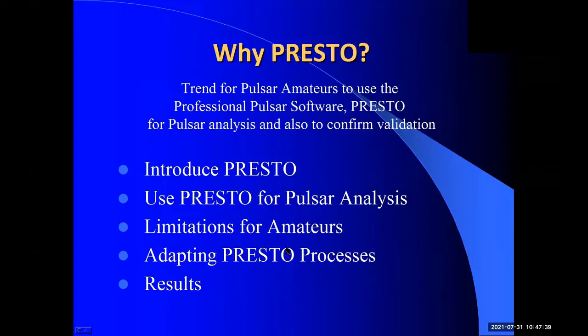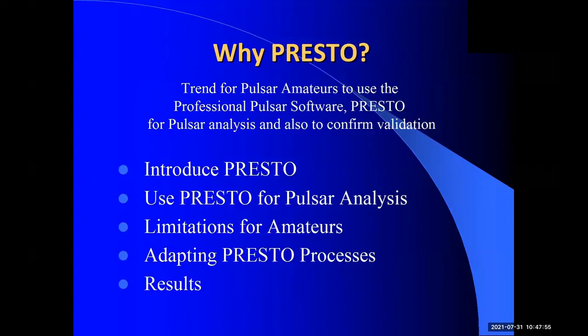And why have I chosen PRESTO? Well, there's a trend amongst the amateur pulsar hunters to use professional pulsar software, PRESTO, for pulsar analysis and also to confirm validation.